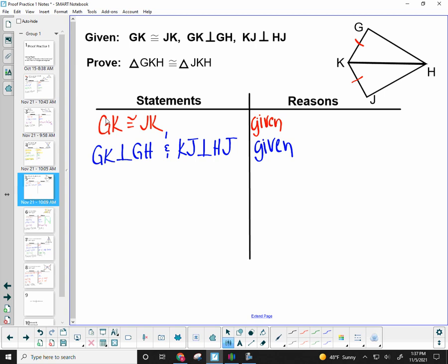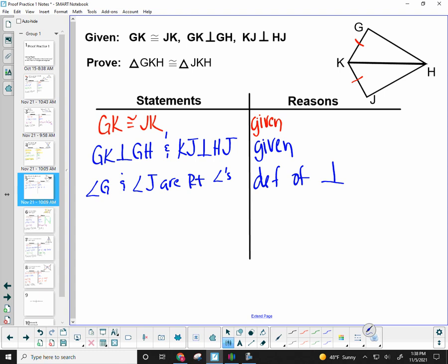So let's start with angle G and angle J are right angles. And how did you know that? By definition of perpendicular, right? This is another one you can write twice, once for G, once for J, or you can throw it all together.